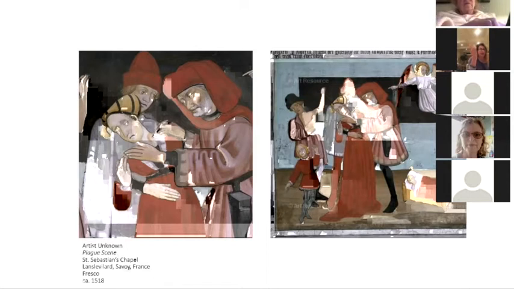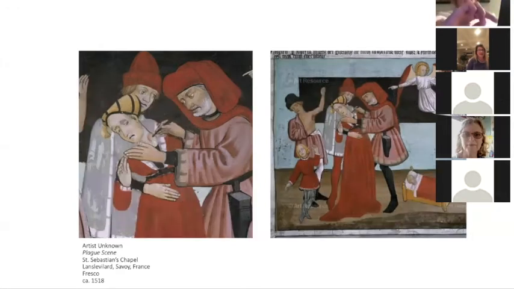Unfortunately I couldn't get a whole image of the chapel, but it's a beautiful, stunning chapel, just visually lovely. But the images are under strict protocols, so I couldn't get an image of the whole chapel.